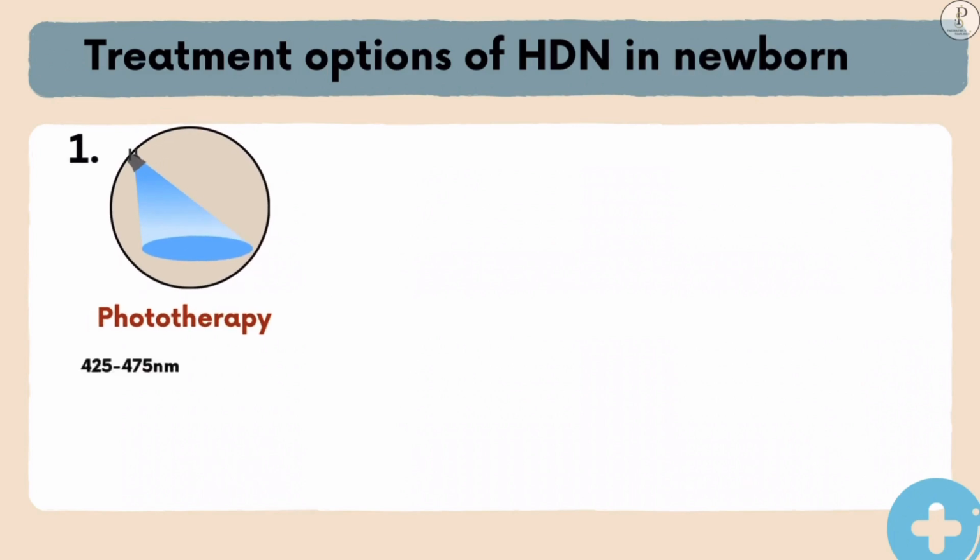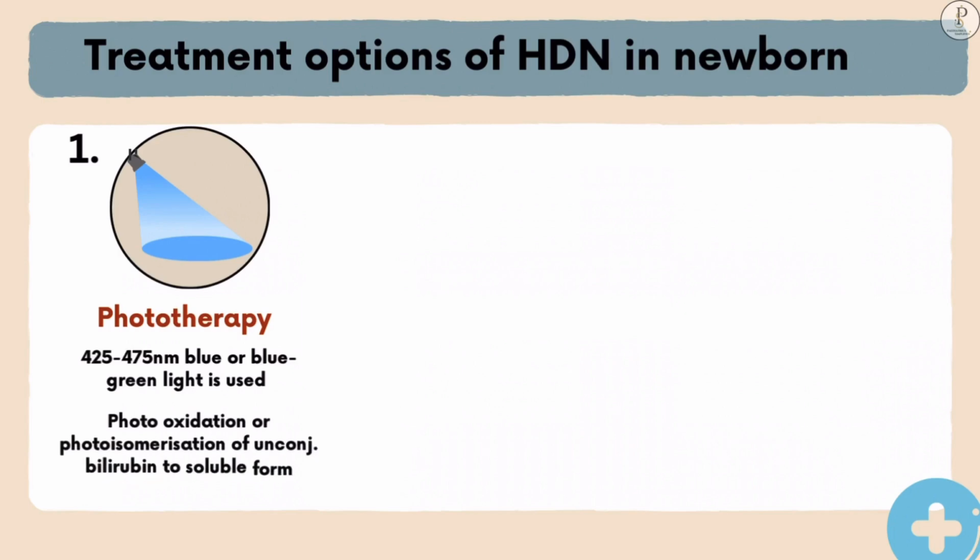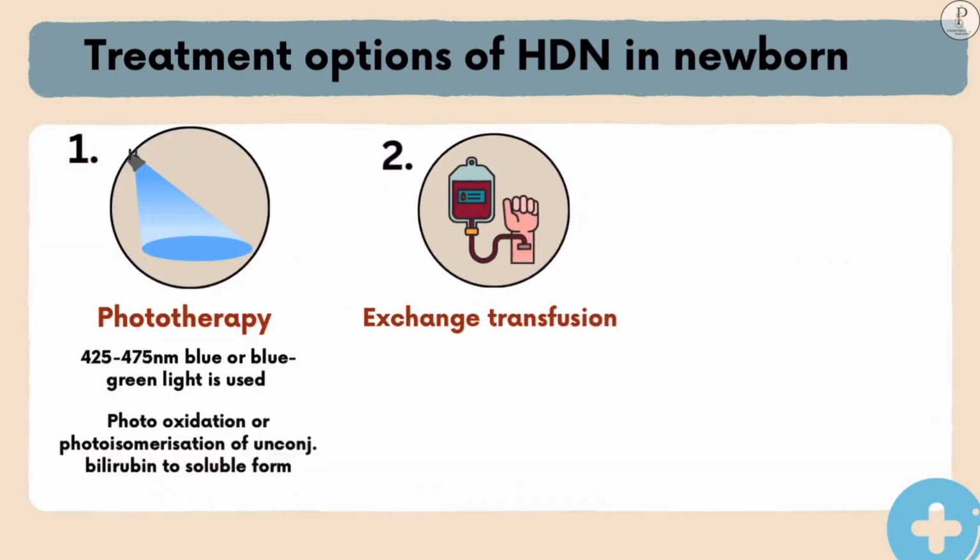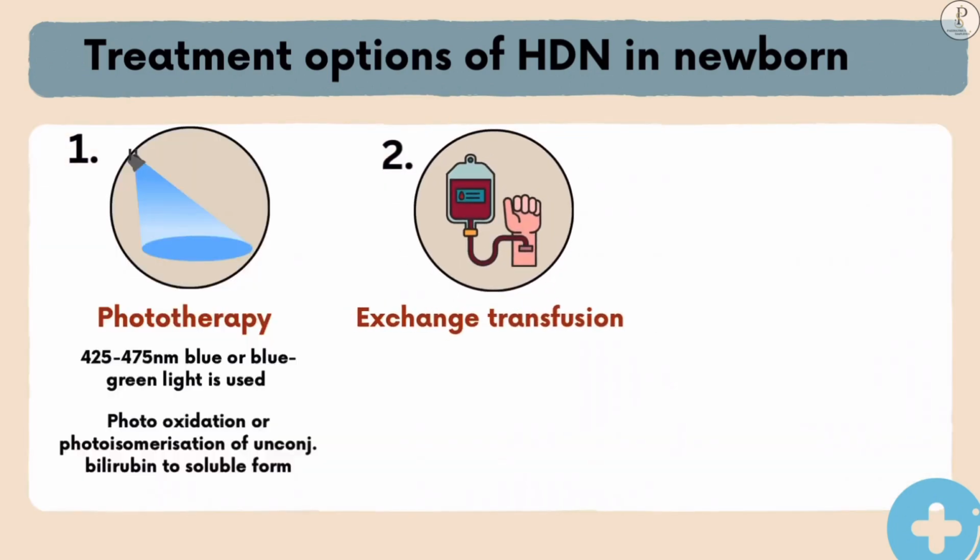Phototherapy is the first treatment of choice, for which 425 to 475 nanometer of blue or blue-green light is used, which causes photooxidation or photoisomerization of unconjugated bilirubin to soluble form. Exchange transfusion is done when bilirubin is critically high. It reduces bilirubin, improves hemoglobin, and also removes maternal antibody in the baby.